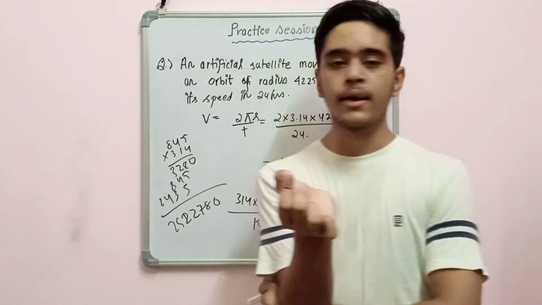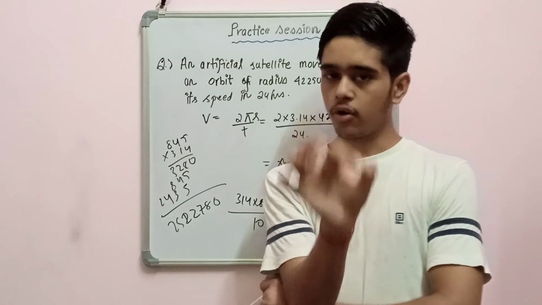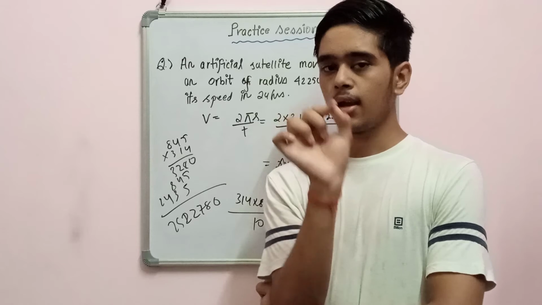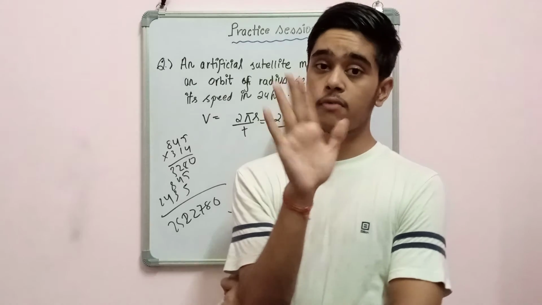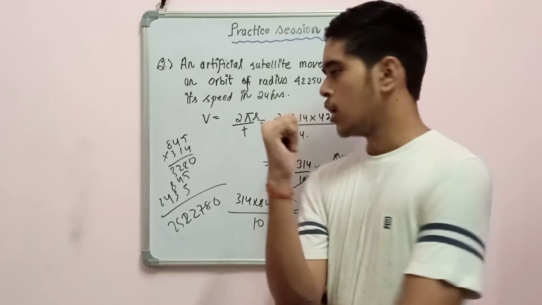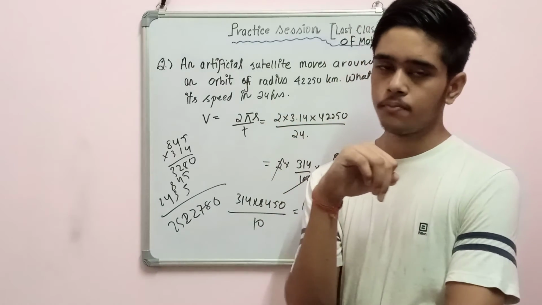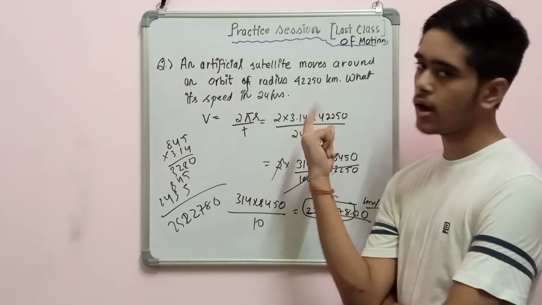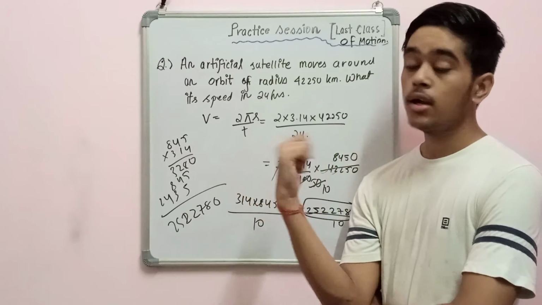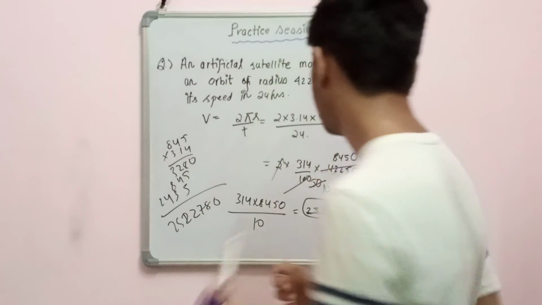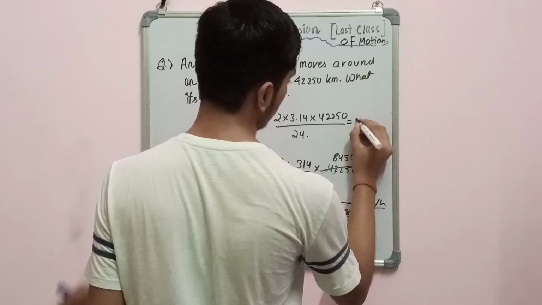According to data, in a few nanoseconds it covers a distance of around 500 meters. So the unit of hour should change. So here we will convert 24 hours into minutes, into seconds, and then we will calculate.